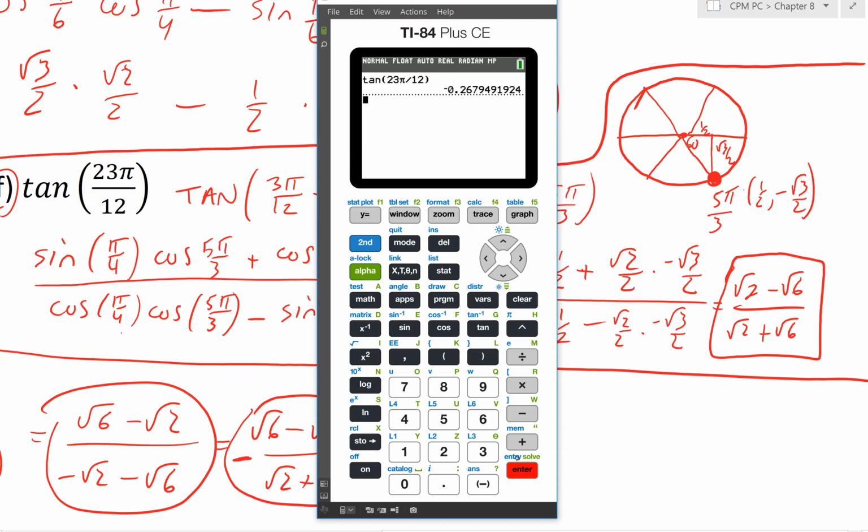Now I take the answer that I got, root 2 minus root 6 over root 2 plus root 6, and I'll try that. Square root of 2 minus square root of 6, divided by, make sure you put both the numerator and denominator in parentheses, root 2 plus root 6.